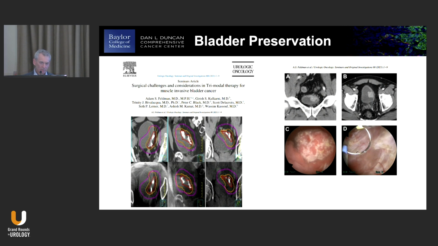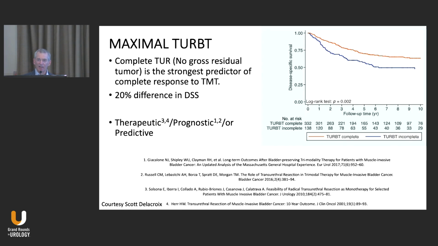Next slide. And here's some data. I took one example of a maximal TURBT. There's lots of references there if you choose to get into it. Scott Delacroix put this together. Scott's a great collaborator from LSU in New Orleans, and you can see the Kaplan-Meier plot, difference between maximal TURBT and not maximal.